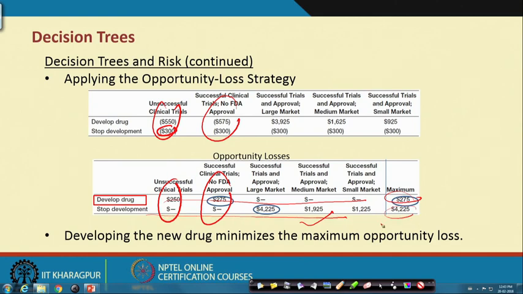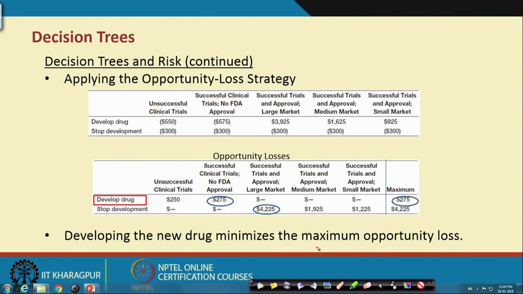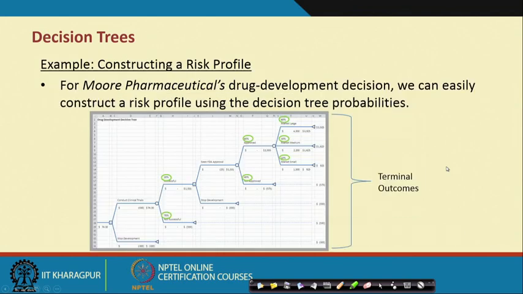Then we like to find out the minimum of all these maximum possibilities, which will give you the value where we have only 275. So, technically, this is a process through which we can address the business problem more accurately, and come up with a decision through which you can project the business environment more effectively.